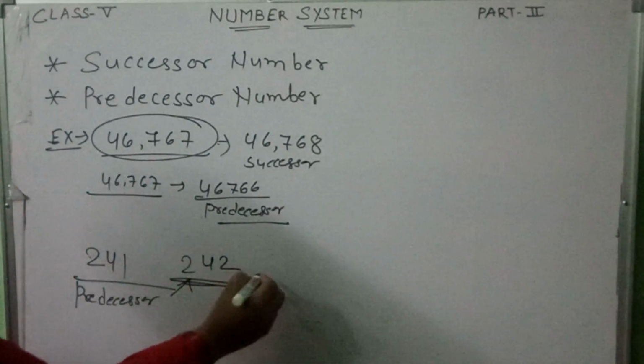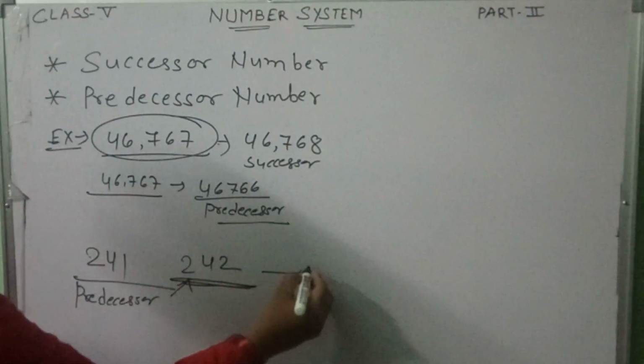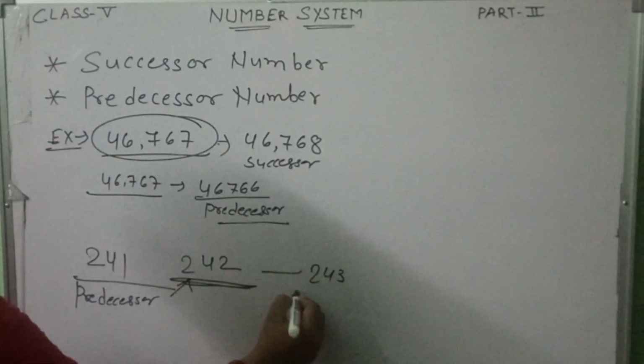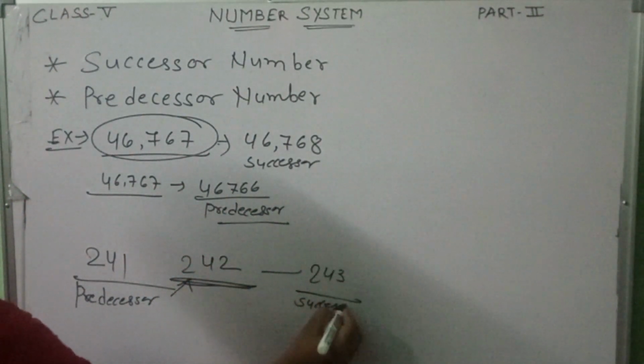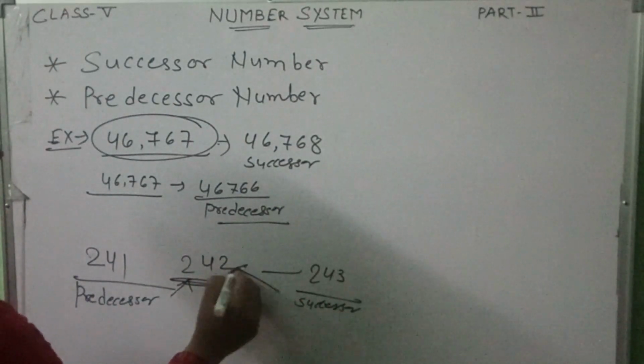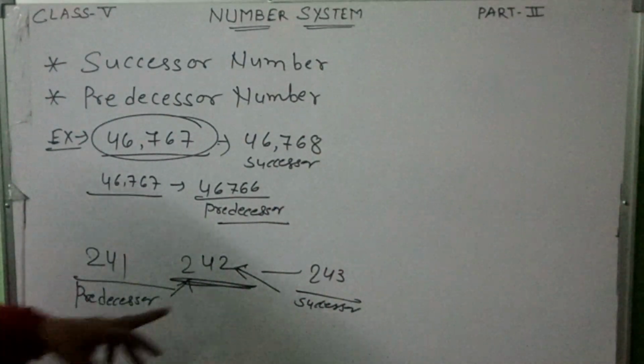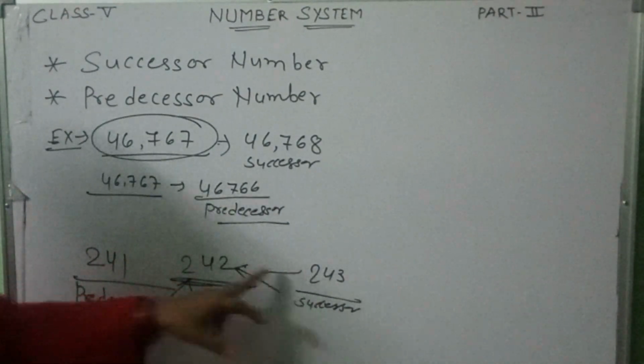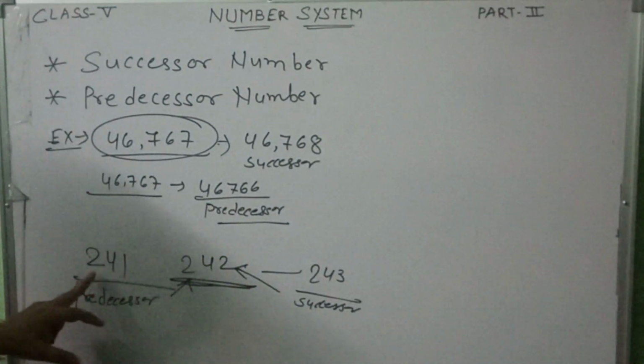Same way just after, 243, this one is the successor of the given number. Means successor of 242 is 243 and predecessor of 242 is 241.